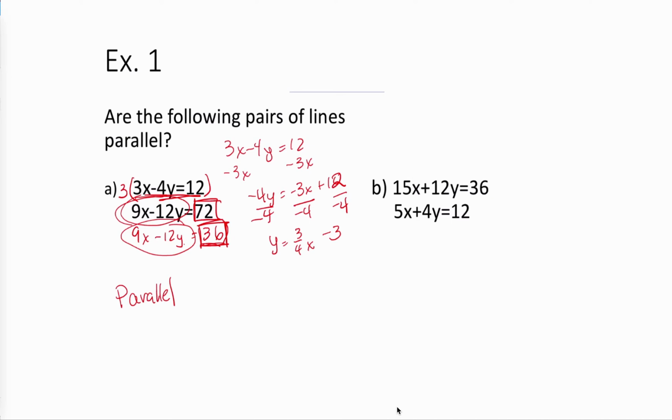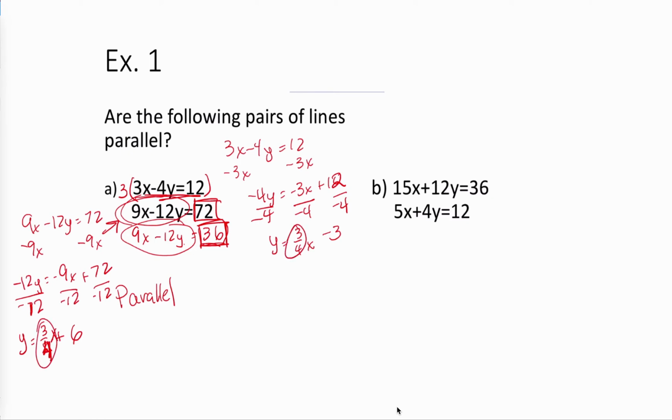And if we do the same to this one, we subtract 9x from both sides and divide by negative 12. We're going to get that y equals 3/4 x plus 6. Alright, so same slope, they are parallel.